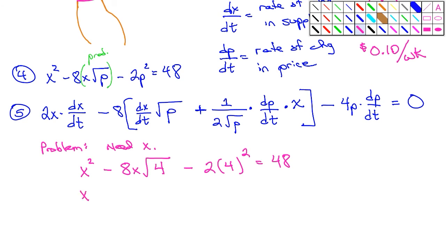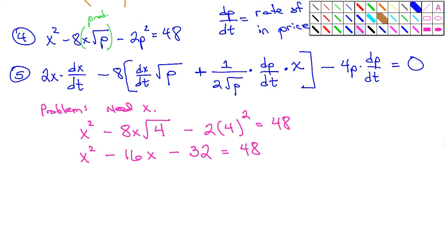This gives me x squared minus, the square root of 4 is 2. 2 times 8 is 16x. 4 squared is 16 times 2 is 32. So that's minus 32 equals 48. Then we have x squared minus 16x. It's a quadratic, so I need to move everything over to the left and factor.